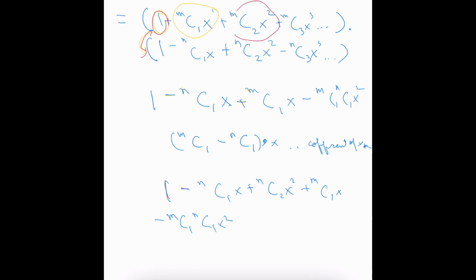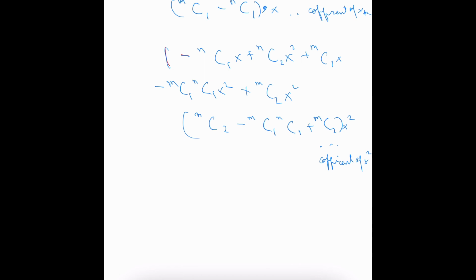Next we multiply starting with x square, and we get mC2 x square, but if we multiply further, again we'll get cube terms. So in this expansion, the coefficient of x square will be nC2 minus mC1 nC1 plus mC2.